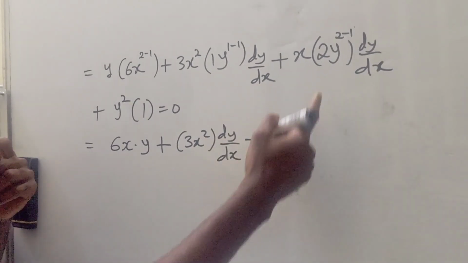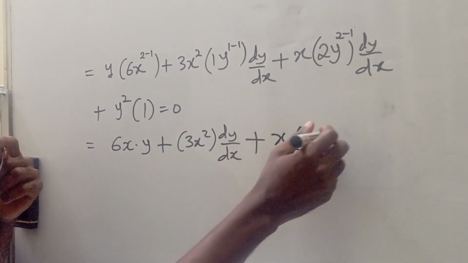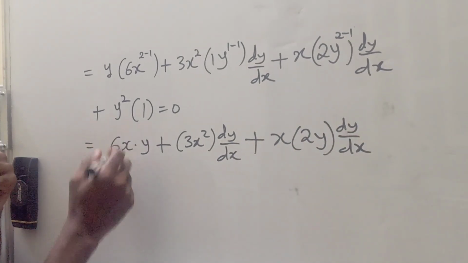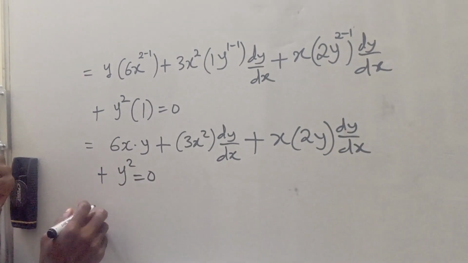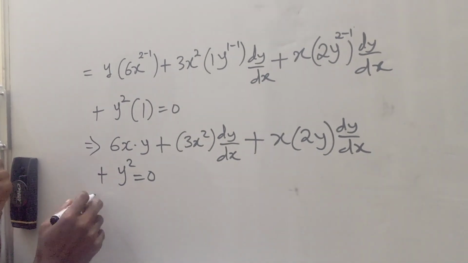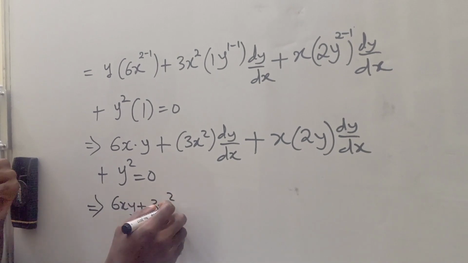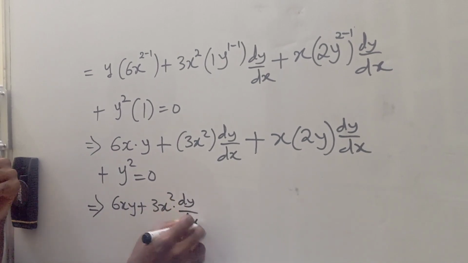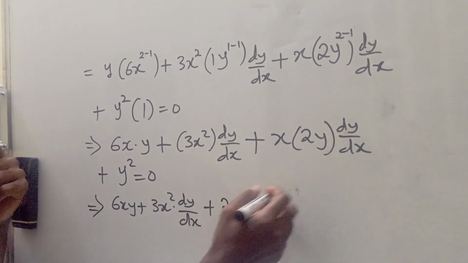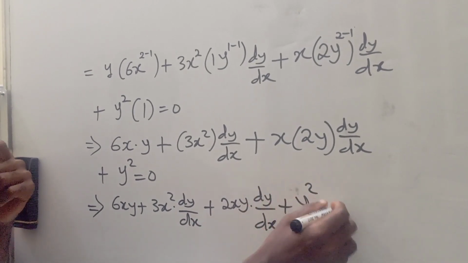Plus, this is 2y raised to the power 1, so I have x multiply 2y, so I have my dy over dx. Plus, this time y squared is equal to 0. This will further give us 6xy plus 3x squared dy over dx, plus 2xy dy over dx plus y squared is equal to 0.